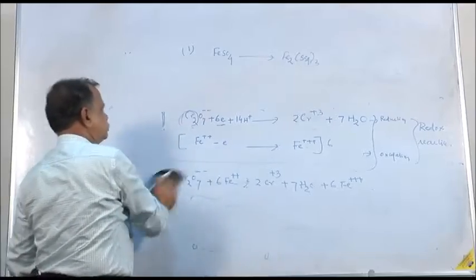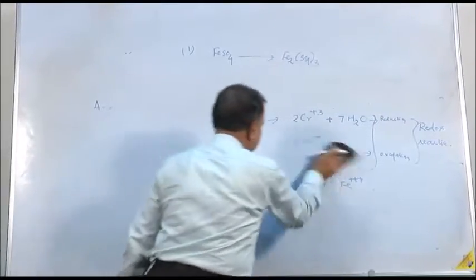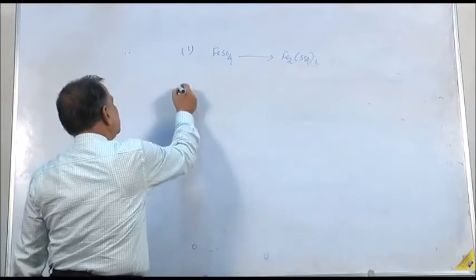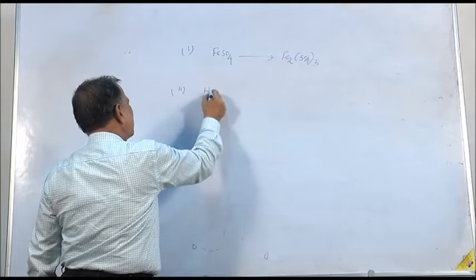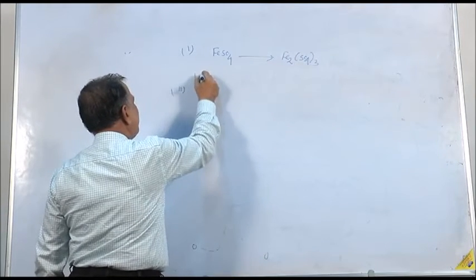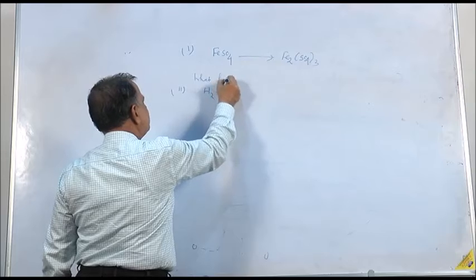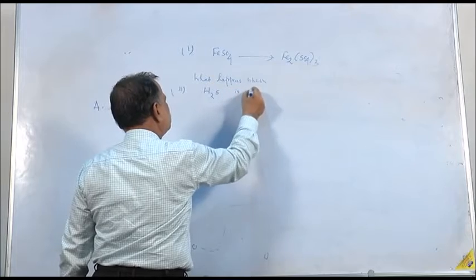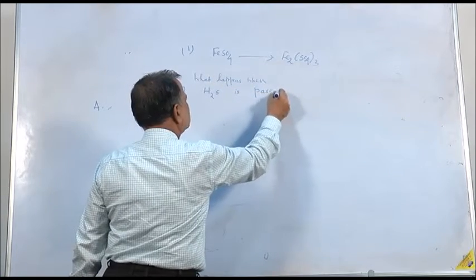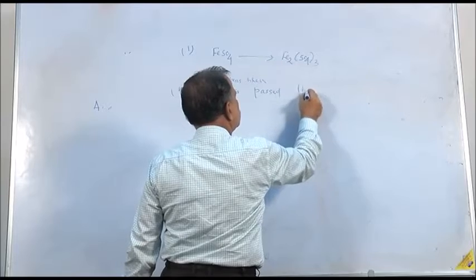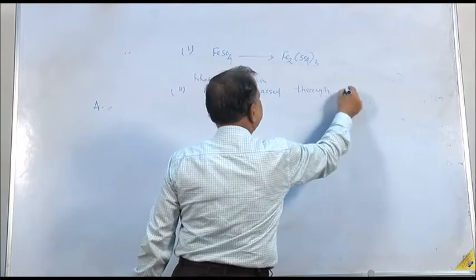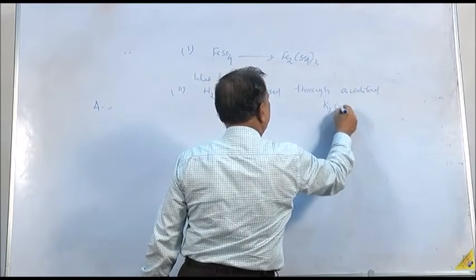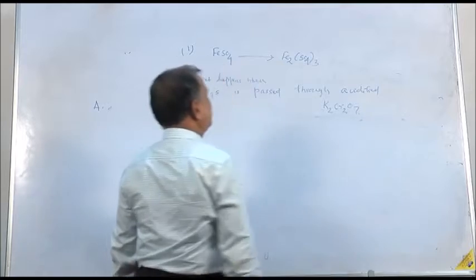Two. What happens when H2S, hydrogen sulfide, is passed through acidified K2Cr2O7?